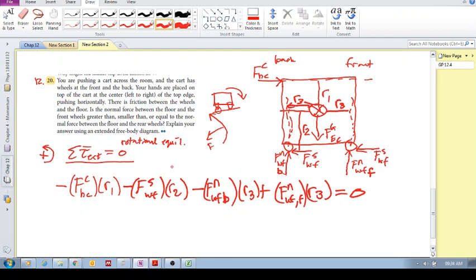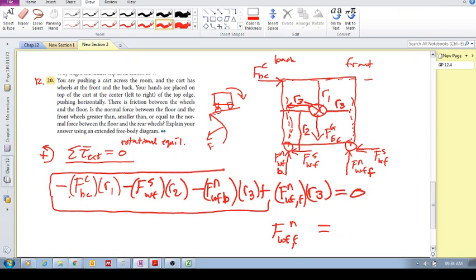I'm going to leave this as an exercise for you. If you take all these negative quantities and put them on that side, then we'll have the front normal force equal to that entire thing, now positive, divided by R3.